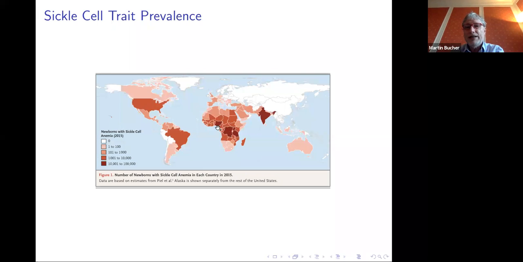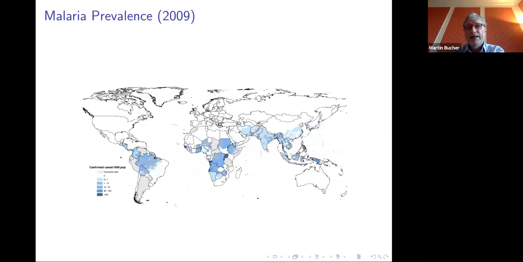These are the countries where there's a lot of sickle cell anemia, and you can see that it's very much centered around the equator, and then this is a map of the malaria prevalence.